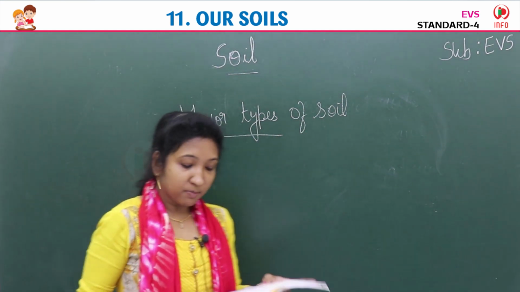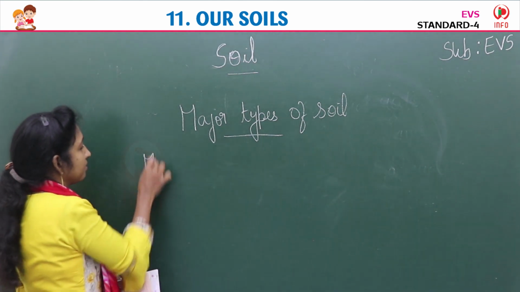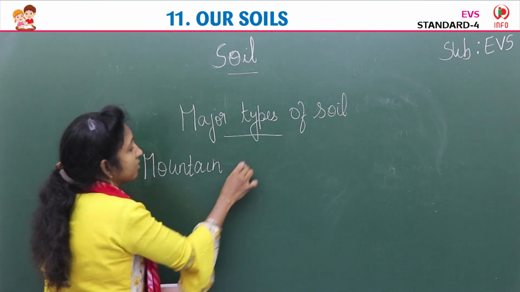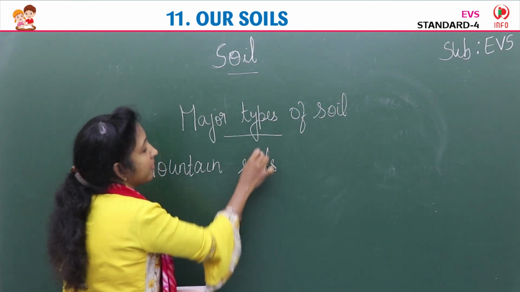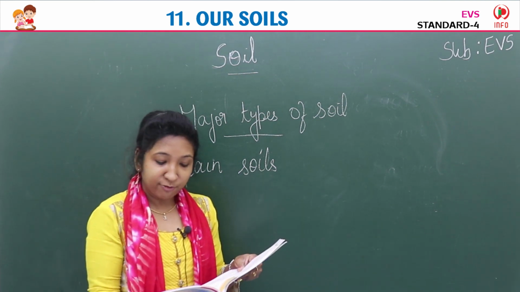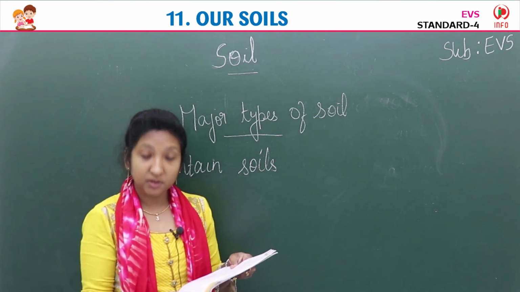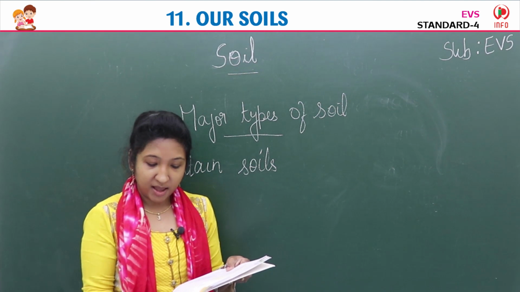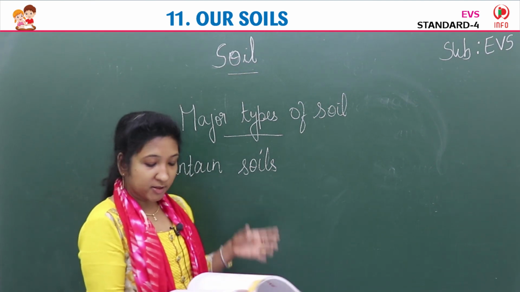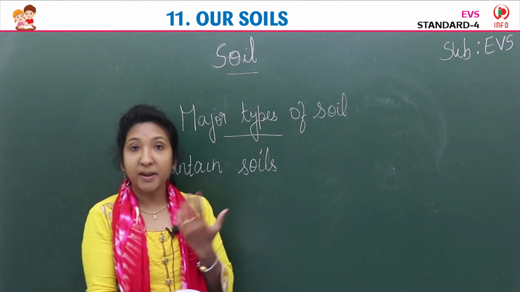So first one is mountain soils. The mountain soils are mainly found in Jammu and Kashmir, UP means Uttar Pradesh, and West Bengal in Himalayas. So these kinds of soil are found mainly in these places.